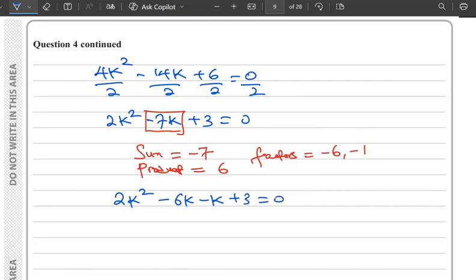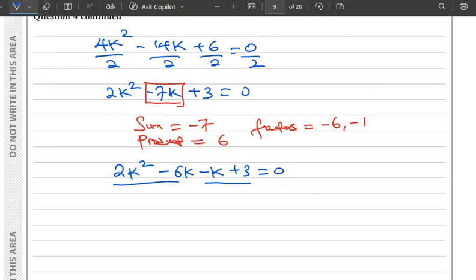Then we can factorize the first two terms by grouping and the last two terms by grouping. What is common between 2k squared and negative 6k? In this case 2k is common, so we'll factorize out 2k, so we'll have 2k into 2k goes here, k times, then 2k goes here, minus 3.